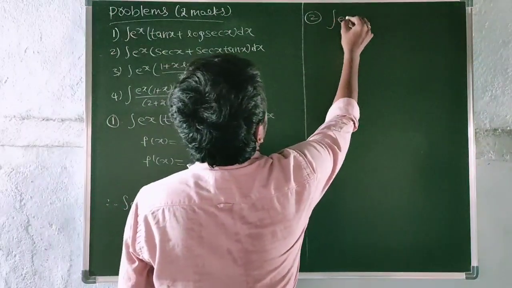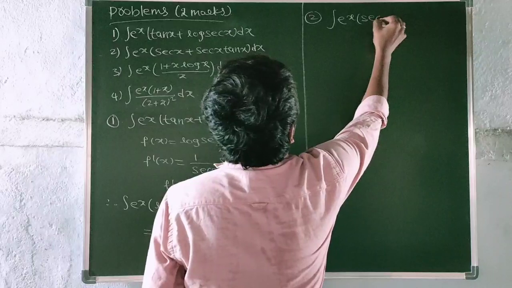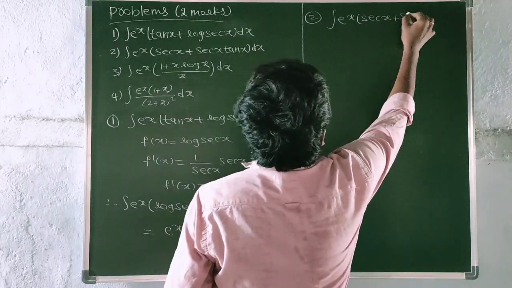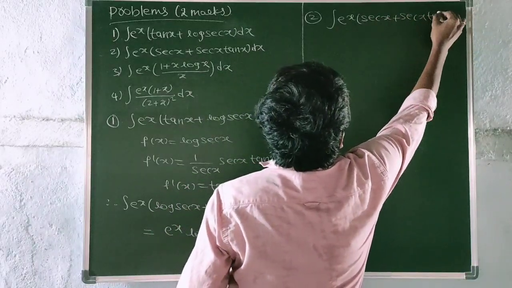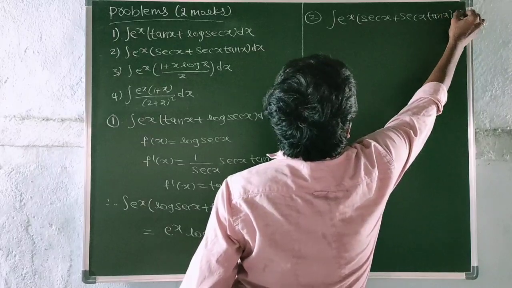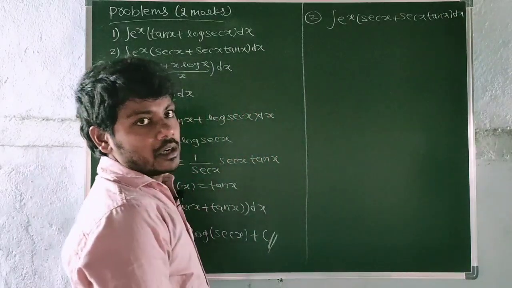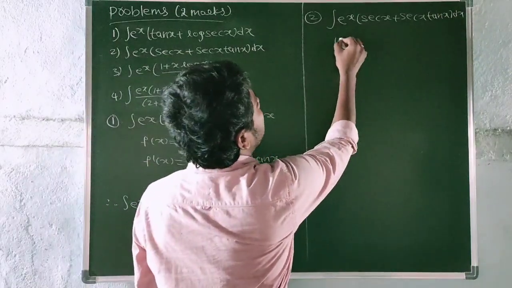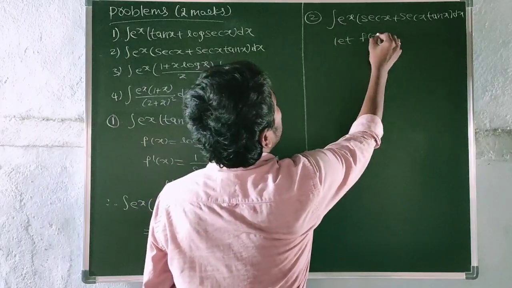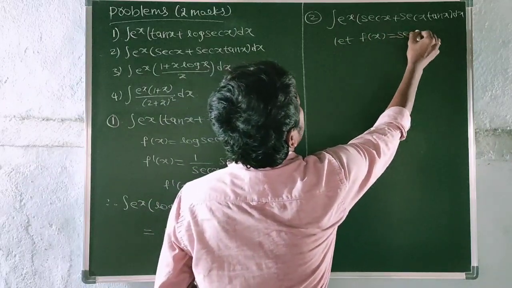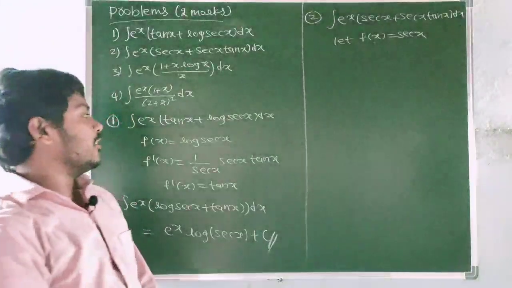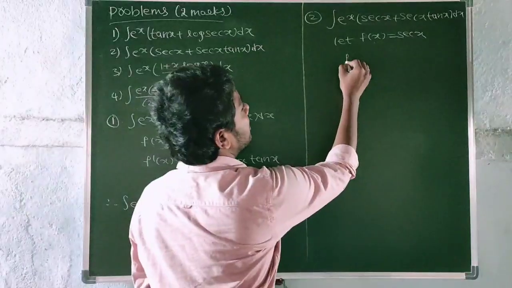integration of e power x secant x plus secant x tan x dx. Okay. Now clearly let f of x is equal to sec x. Now derivative of f of x. So what is that?